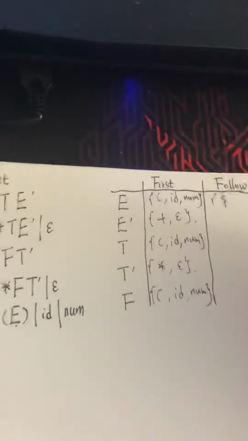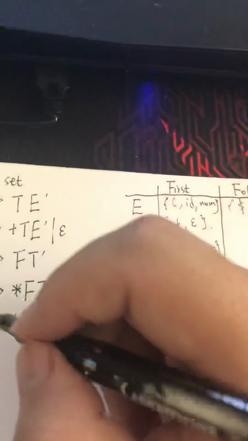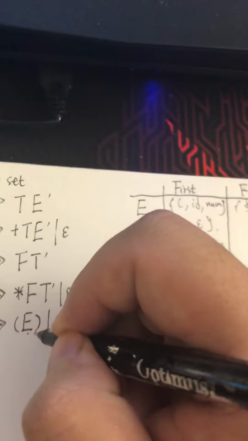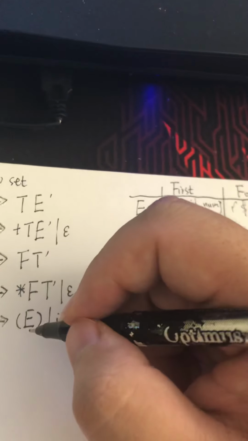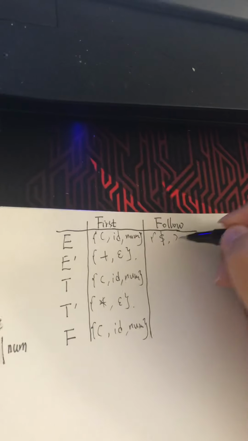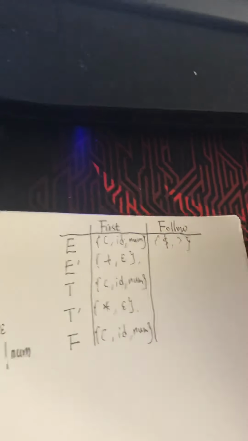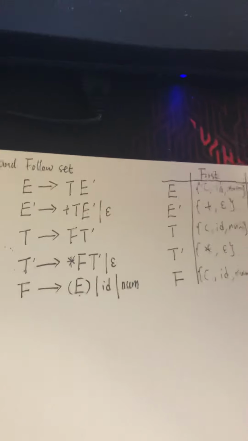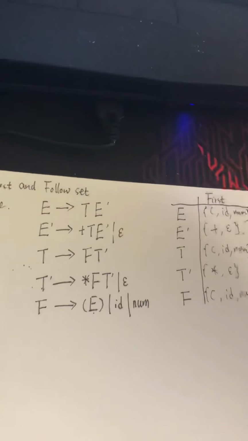Except that we need to add the dollar sign for the start symbol, we need to add the right parenthesis here because after the E, the parenthesis is here. So the follow of E is equal to dollar sign and right parenthesis. Okay, so now we have the follow of E.